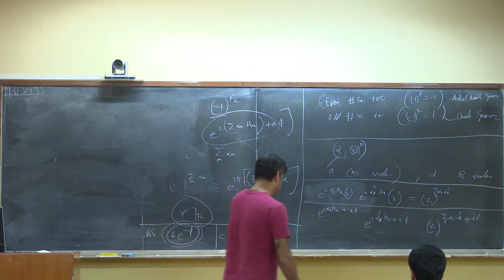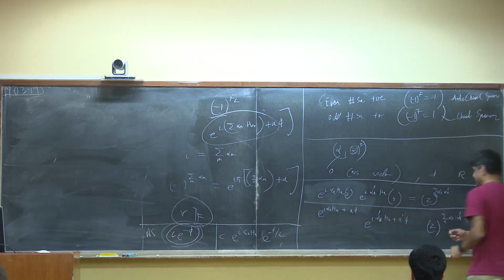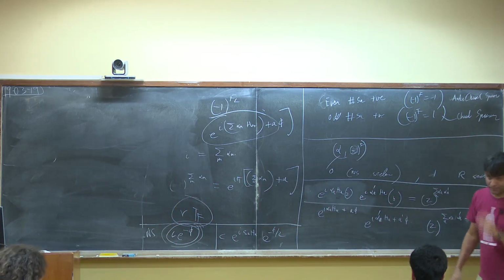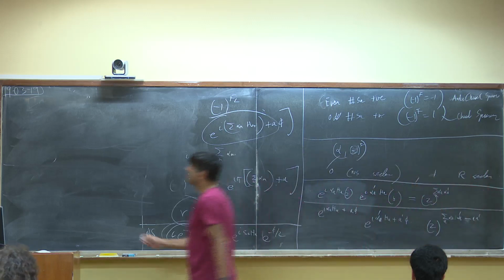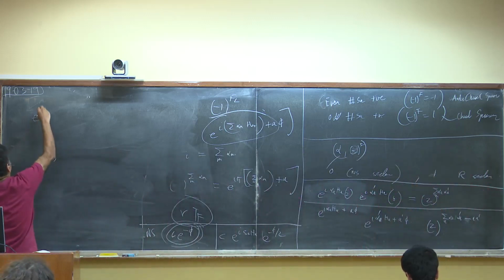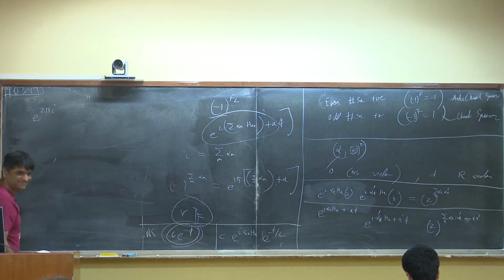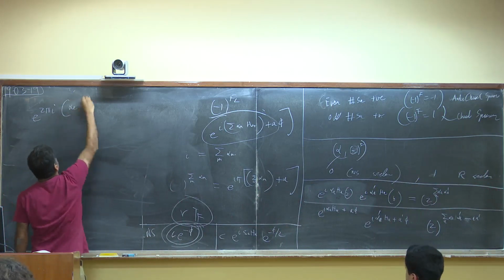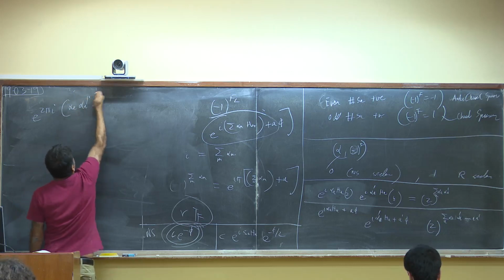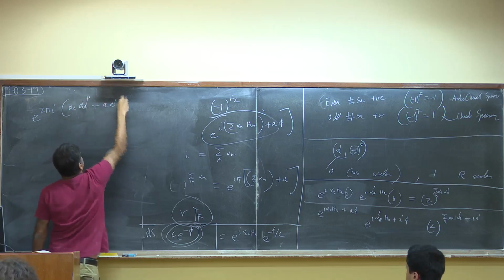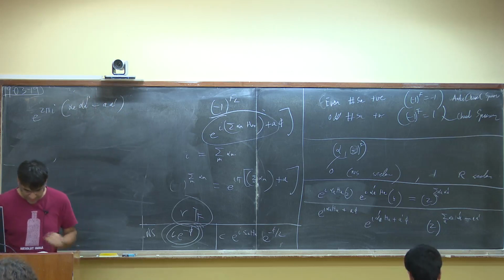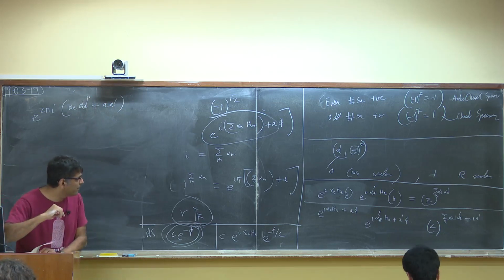Now, therefore, the net phase that I pick up when I take 2 pi i is e to the power 2 pi i times alpha A A prime minus A prime. Let me check how Polchinski defines his fermion number.